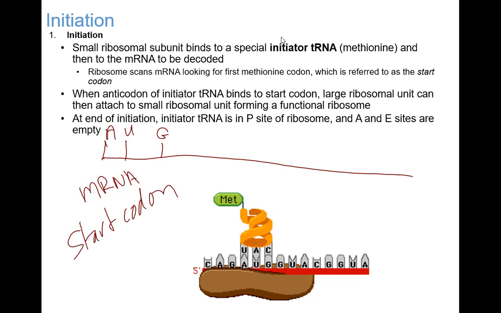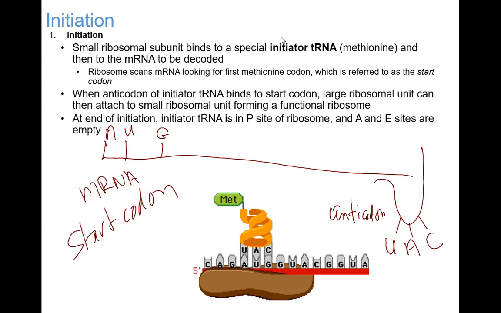Now, what will land on AUG is a transfer RNA with the complement. In this case, the anticodon is going to have U, A, C. If AUG is the start codon, what's the complement to A? That would be U. What's the complement to U?